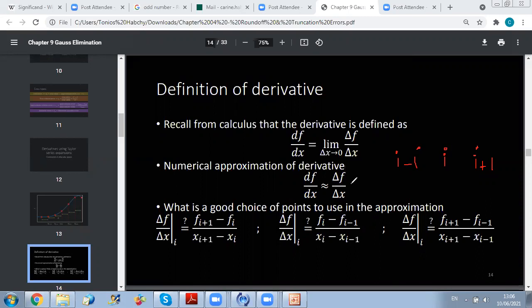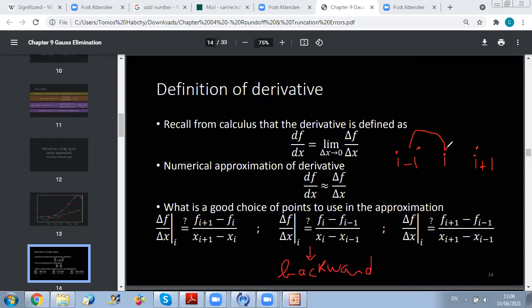When we say delta f over delta x, we can take point i with point i minus 1. Then we can write delta f over delta x as f i minus f i minus 1 over x i minus x i minus 1. If you remember, this is the backward scheme.